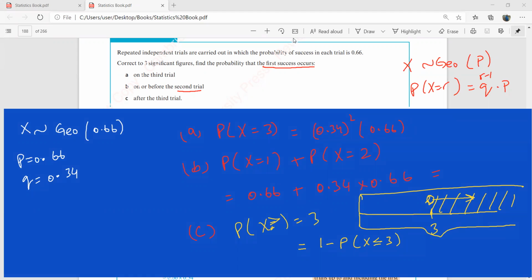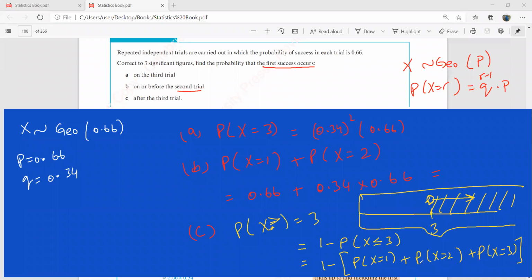Now, this is going to be 1 minus, probability X equal to 1 plus probability X equal to 2 plus probability X equal to 3.